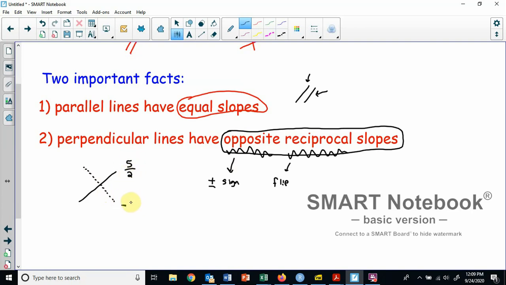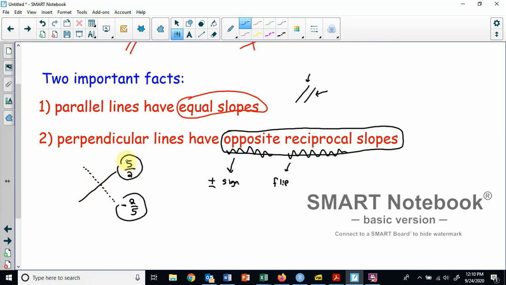So 5 over 2 would become negative 2 over 5. So whenever lines are perpendicular, there's this strange relationship with their slopes. I know, that's a lot to soak in, but I can use that fact to find the slope of the line that I'm working on. So say I was trying to write the equation of this dotted line, and all I know is this line.